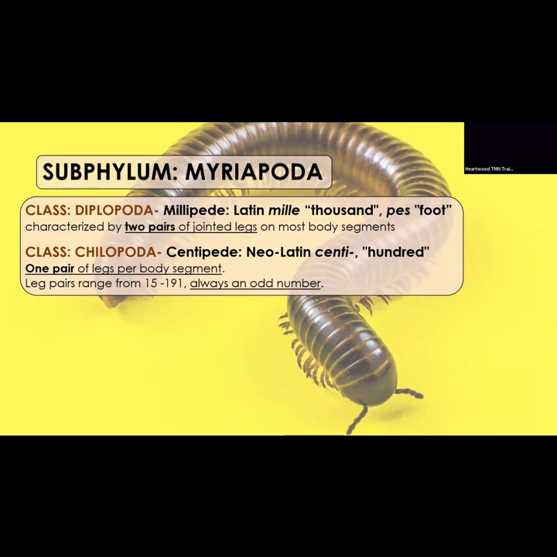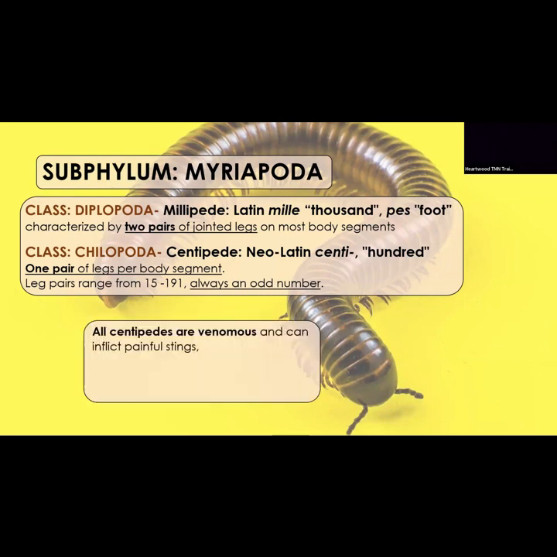But also, the main difference is millipedes have 2 pairs of legs on a segment. Centipedes have 1 pair of legs on a segment. That's why millipedes look like they have twice as many legs, because they do. But with centipedes, it's a weird thing: they always have an odd number of pairs of legs. It's important to be careful around centipedes. They look angry.